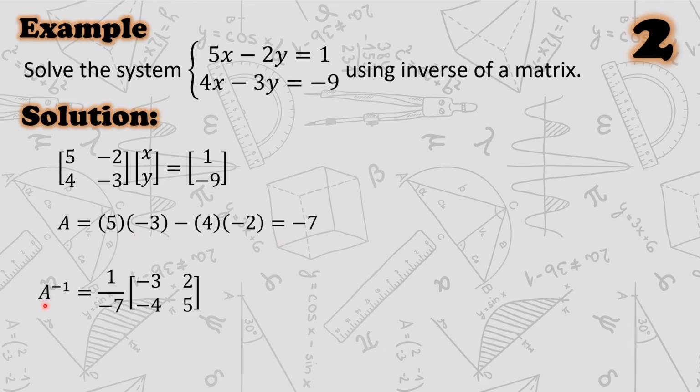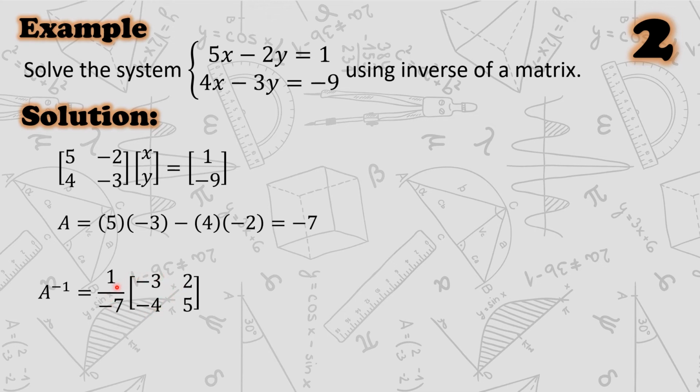So the inverse of A is 1 over negative 7 times the matrix whose main diagonals have elements swapped from the original coefficient matrix. So we have negative 3, 5, and then the negative of the elements in the other diagonal, we have negative 4, negative of negative 2, that is positive 2.